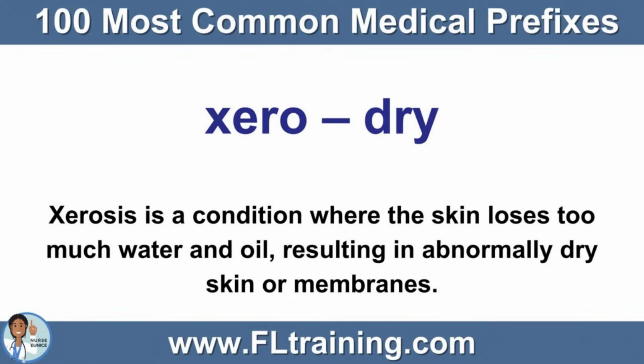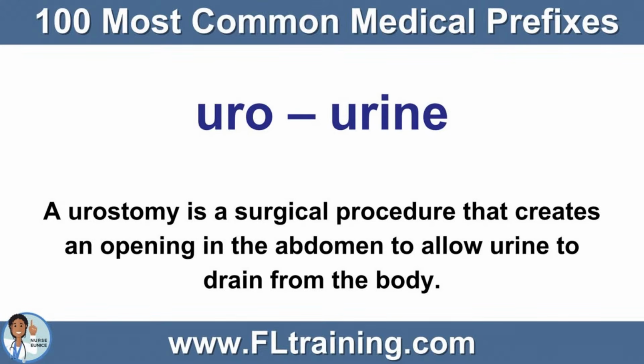Xero means dry. Xerosis is a condition where the skin loses much water and oil, resulting in abnormally dry skin or membranes. Uro refers to urine. A urostomy is a surgical procedure that creates an opening in the abdomen to allow urine to drain from the body.